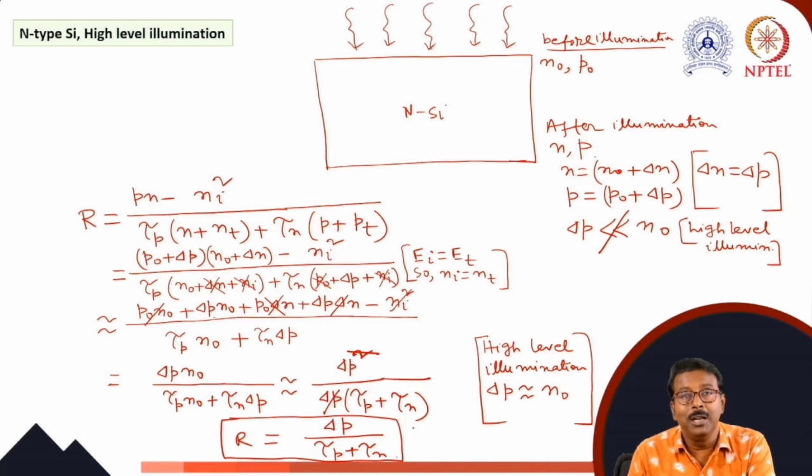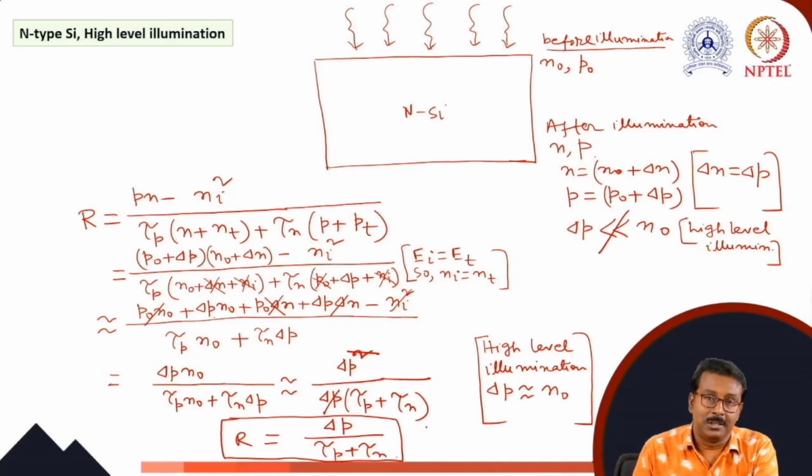But in case of high level illumination, the excess minority carriers, that is holes, are comparable to the majority carriers. So both are almost equal in amount. In that case it depends on how the majority carriers recombine with the minority carriers, and similarly how the minority carriers recombine with the majority carriers. That's why both terms appear.